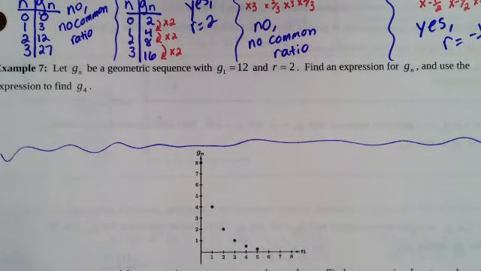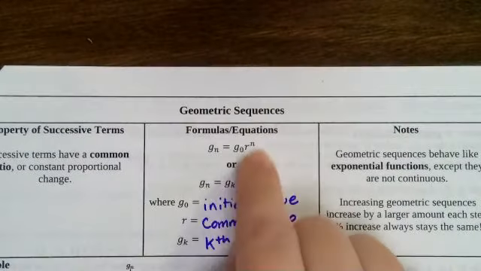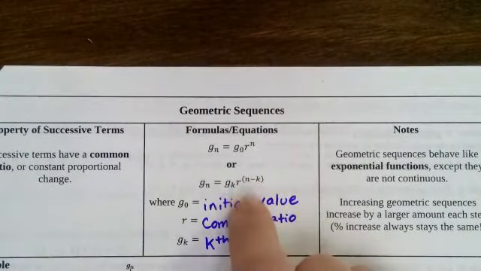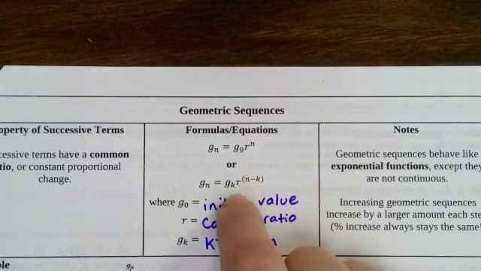So number 7, it says, let G sub n be a geometric sequence with G sub 1 is 12, r equals 2. Find an expression for G sub n and use the expression to find G sub 4. I'm going to be referencing back to these equations. Maybe write them down somewhere or just make sure that you know what I'm pulling from. I'm going to be pulling from these 2 equations for various problems to decide what would be the easiest way to write the equation.